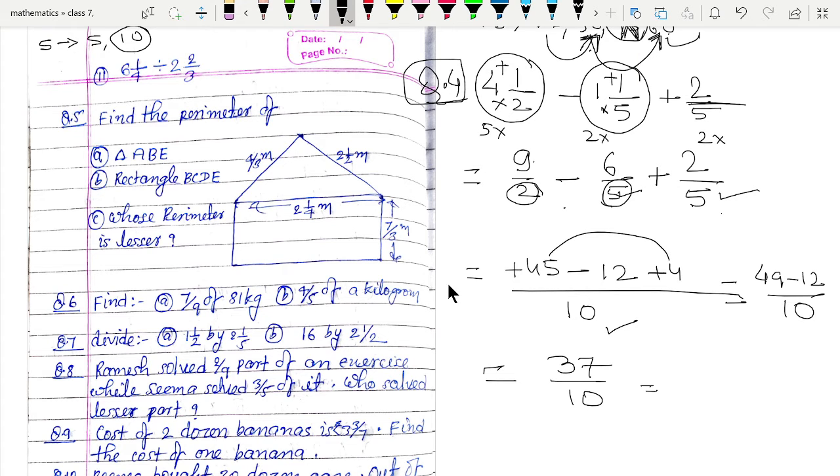Very good. Now the second question is a question of division. So this is how we will perform it: first change into mixed fractions and then divide. 6 whole 1 by 4 divided by 2 whole 2 by 3.